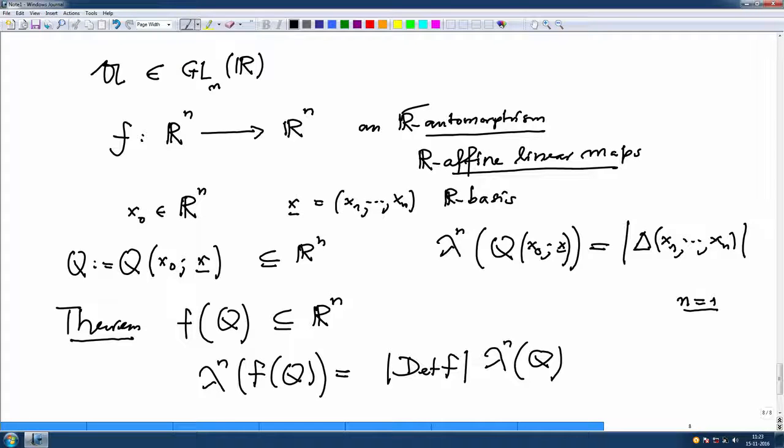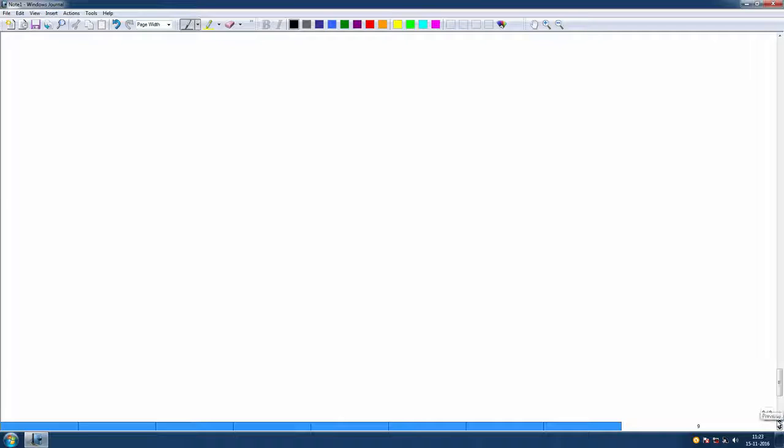Now, one more theorem I want to state, which is very interesting and will give us some more concepts. Remember I mentioned that for this volume function lambda n there are two parts when one wants to study it. First is the construction part. Construction is usually done by the assumptions we would like this function to have, for example translation invariance, cuboids should have a certain volume, and the countable additive property, and so on.